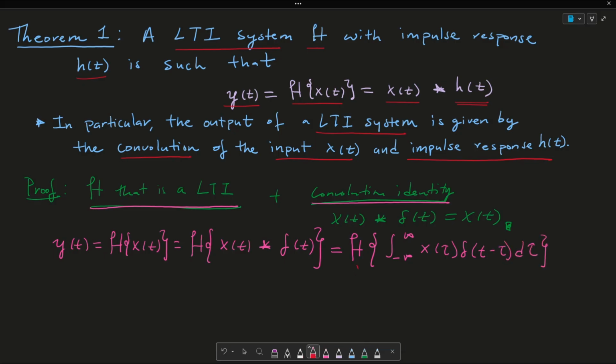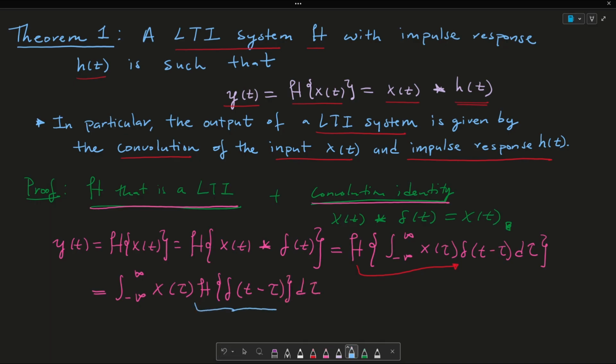And so what we can do is we can pull this system into my integral here and have only the delta function be affected by the system. And so we have that this is equated to the integral from negative infinity to infinity x of tau, my system H, which is being affected by this delta t minus tau d tau.